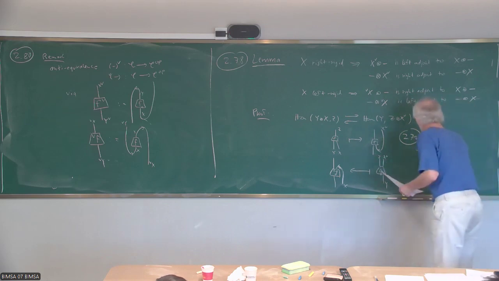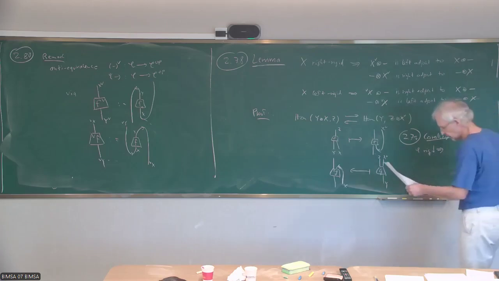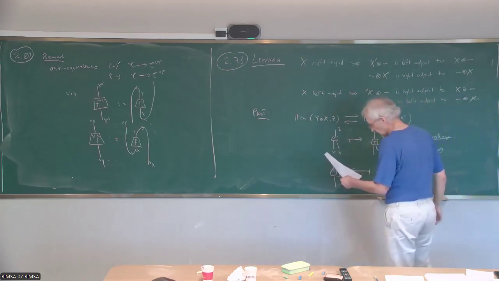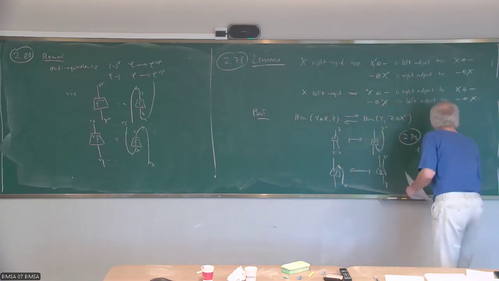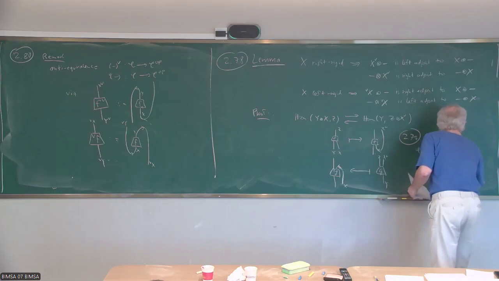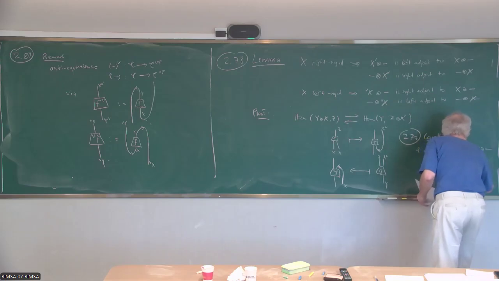If C is rigid, then tensoring with X in any order has both a left and a right adjoint for every X, and this means that tensoring has left and right adjoints.